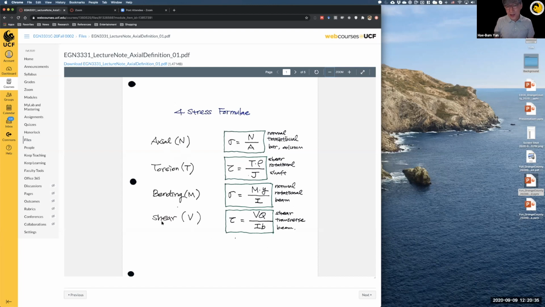That's why we devote more chapters to learning beam-like structures or members. So chapters 4, 5, and 6 and 7. In 6 and 7 we're going to learn that, and we will have a separate chapter for beam deformation. It is called deflection. So those 3 chapters are devoted to beam-like members.